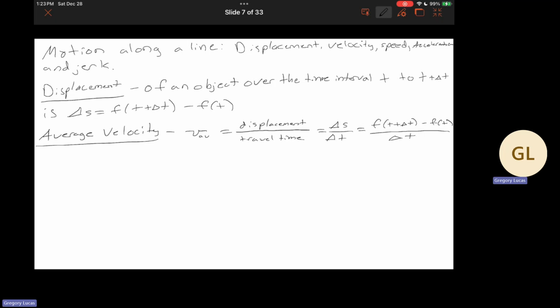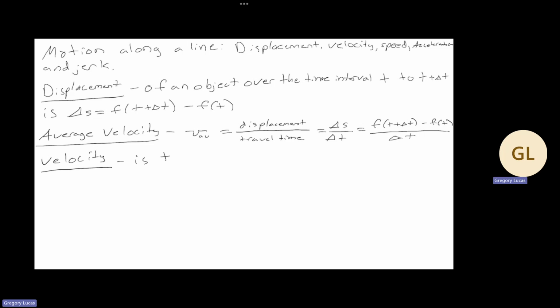So now let's define just velocity. Because average velocity isn't quite the derivative, but velocity is. So velocity is the derivative of position with respect to time.